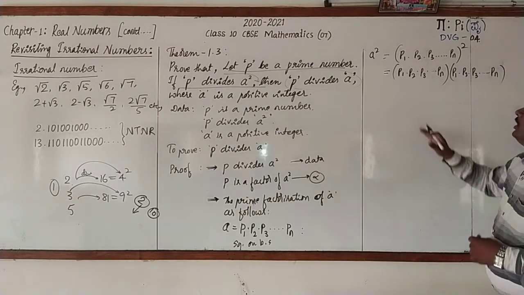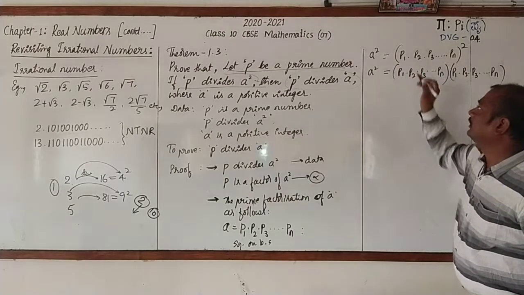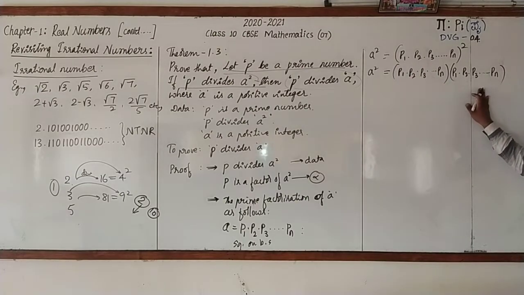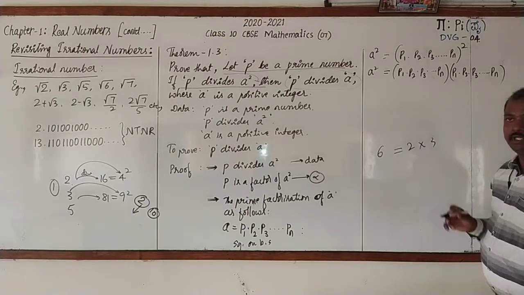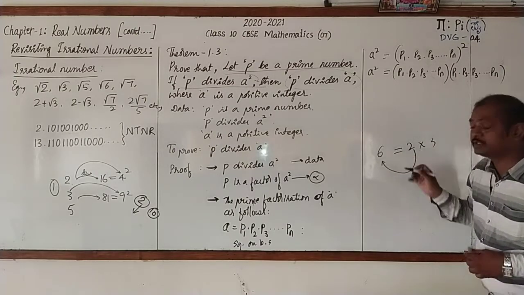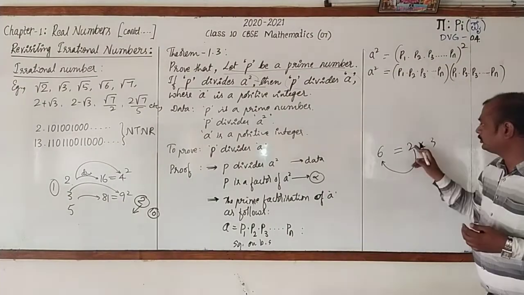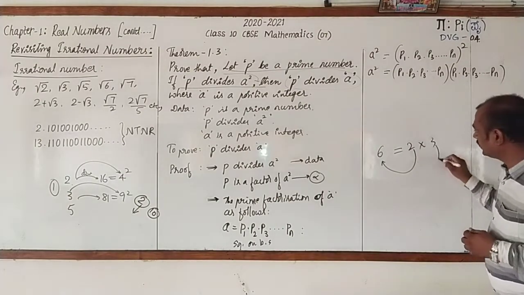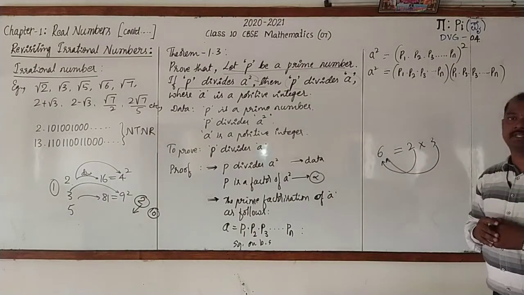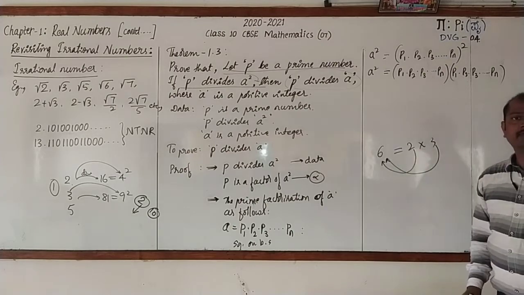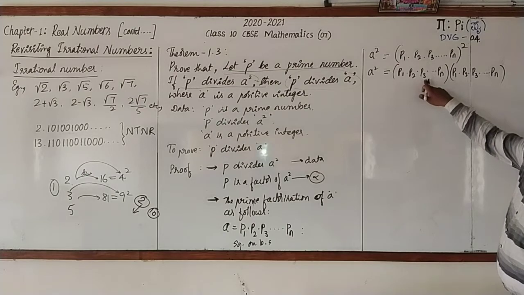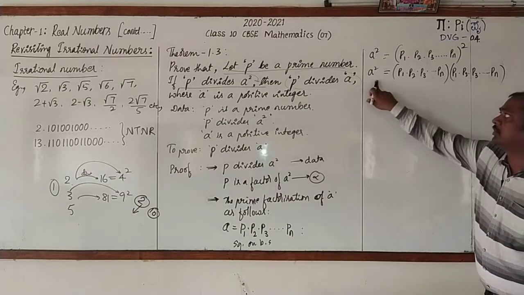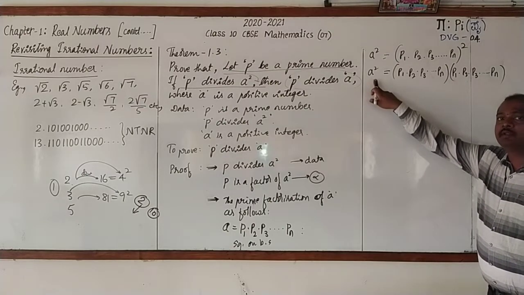Yes. Now look here. If I write 6 is equal to 2 into 3, what do you say about 2 with respect to 6? Yes, 2 is a factor of 6. What do you call 3 with respect to 6? 3 is a factor of 6. Then can I write that P1, P2, P3 and so on, they are all factors of A square? Yes.